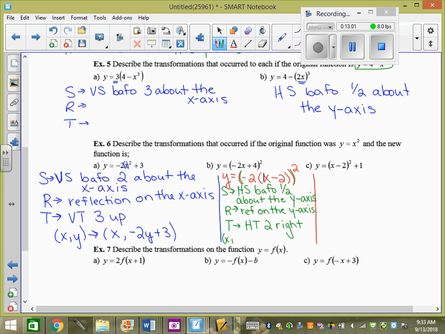And our mapping would be x, y becomes what? Stretches and reflects multiply. So we're going to multiply the x by negative 1 over 2. x, what? Plus 2. And then just y.